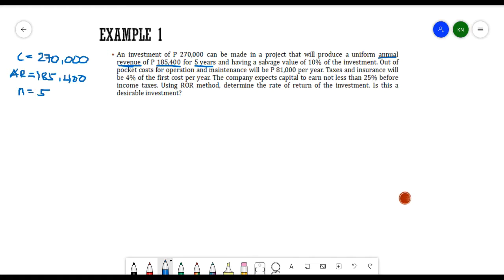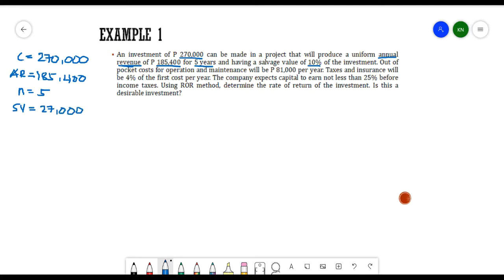Having a salvage value of 10% of the investment. So the investment is 270,000 pesos. So the salvage value is equivalent to 10% of 270K. So 10% of 270K is 27,000.